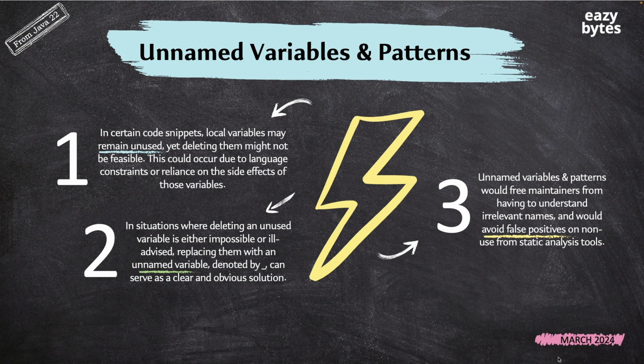All these false positive alarms by the IDEs and SonarQube can be resolved with the help of the unnamed variable. Whenever we are using an unnamed variable, we are indirectly telling IDEs and static code analyzers that I know it is an unused variable, but I have some dependency on it, or I have to declare it just because Java syntax expects that. This kind of communication we can give to the tools so that they no longer throw any warnings.